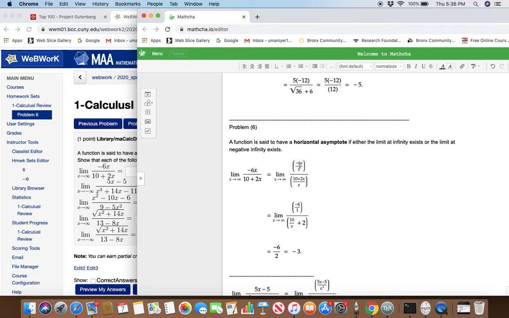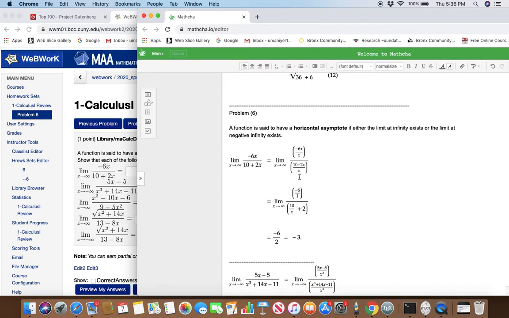So I divide the numerator by x. I divide the denominator by x. Well, in the numerator, those two x's cancel. I have a negative 6 over 1. Downstairs, the denominator, division distributes. I have 10 over x plus 2.